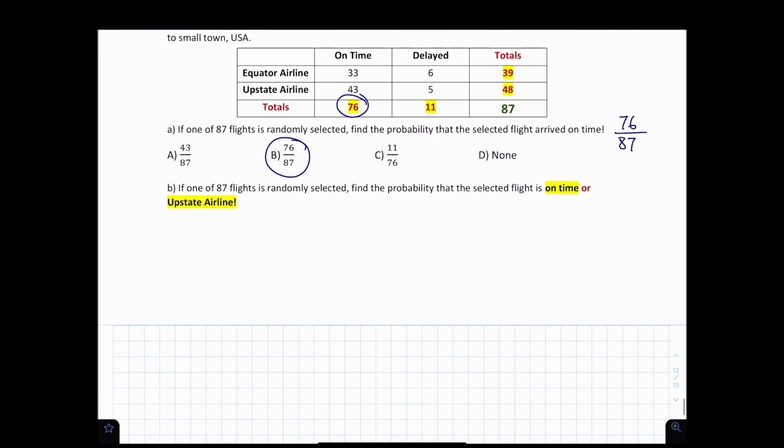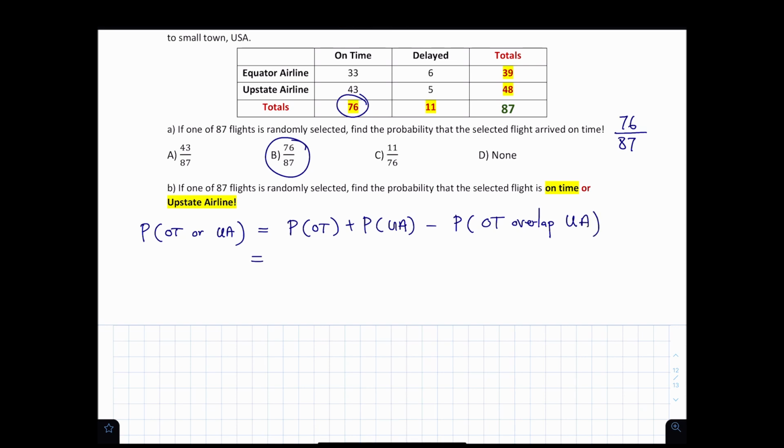And for part B, that's an addition rule. It says find the probability of getting a flight that's on time or an Upstate Airline. Okay, and if I break that down, minus the probability of the on time and Upstate Airline overlap.